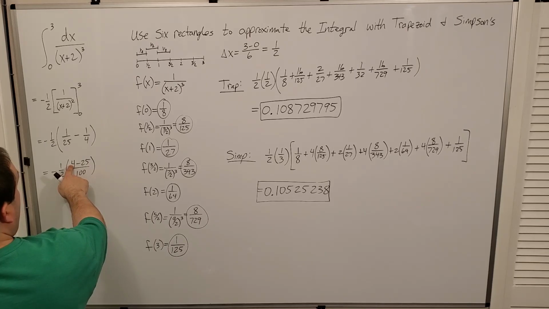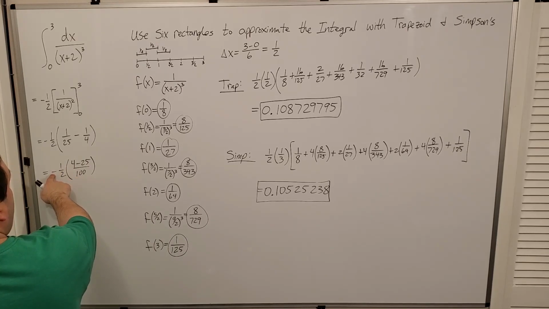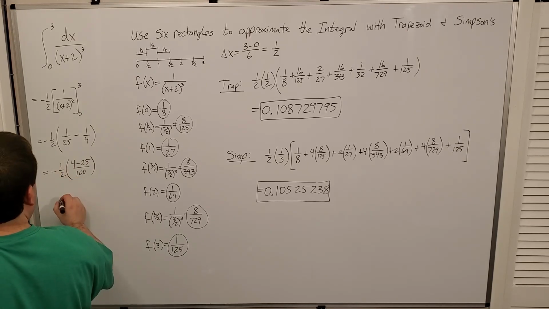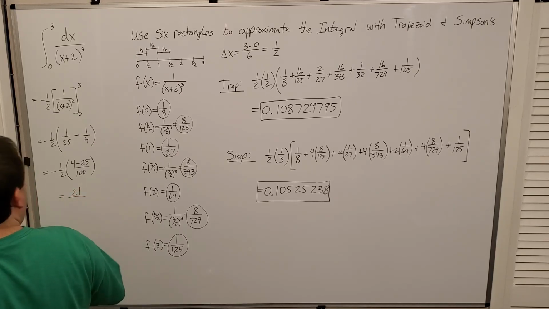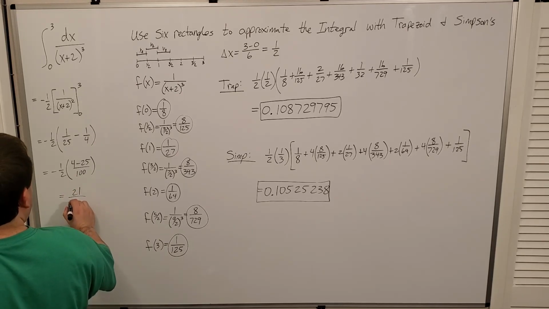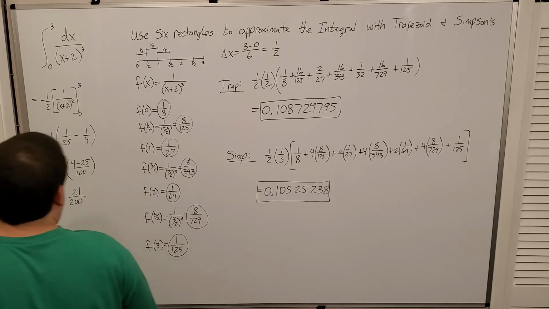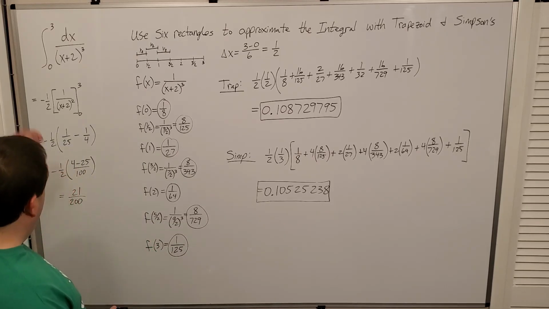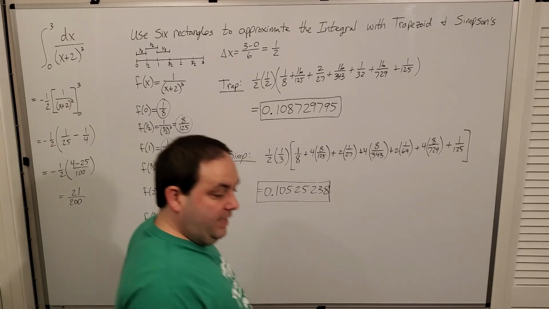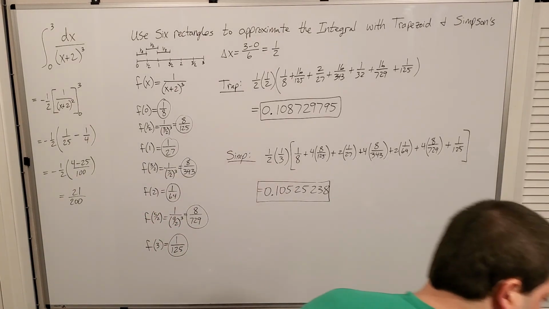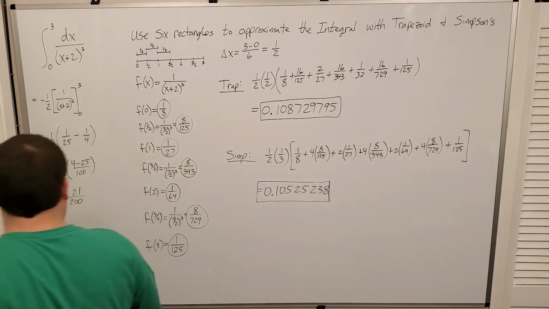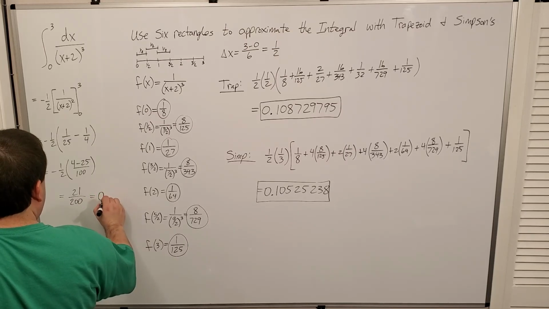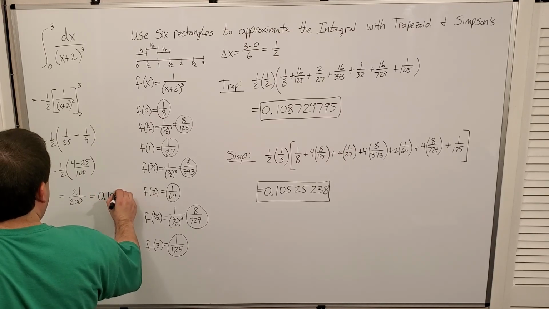This is going to be -21 with a double negative to come up to here, so it's just 21 over 200. And of course, if you punch 21 over 200 into your calculator, or just actually do the division, you get 0.105.